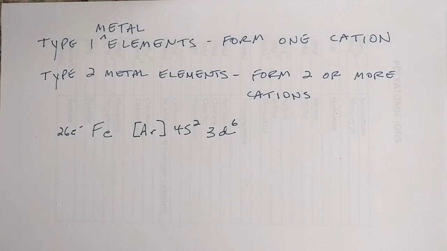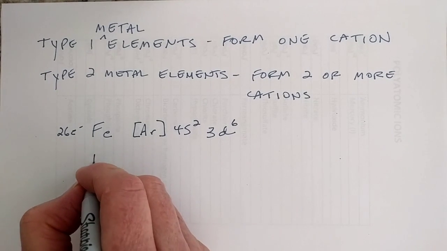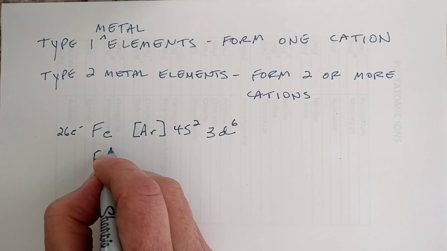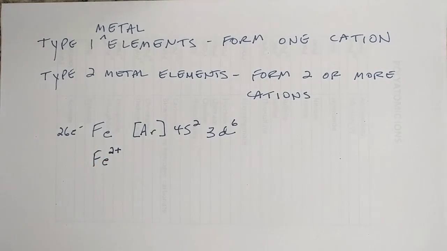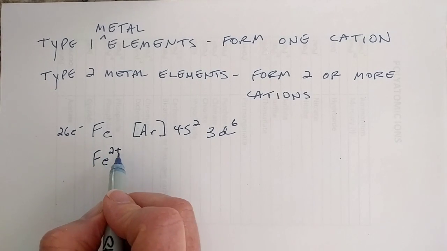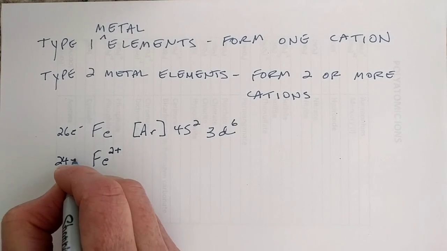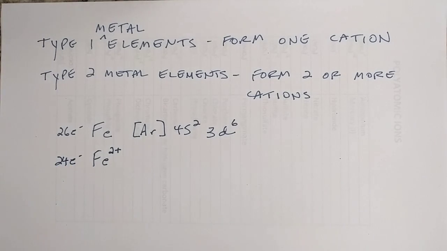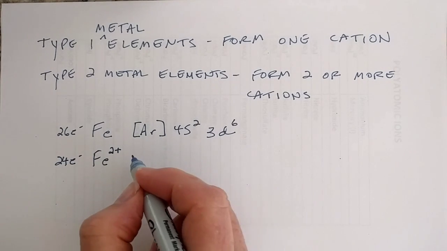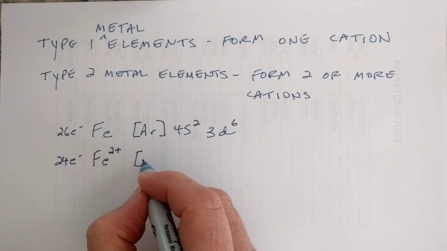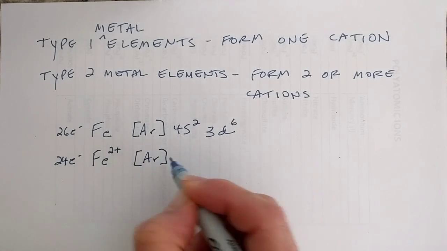Now, sometimes in compounds, iron will have a charge of 2+, meaning it has lost 2 electrons. So it will only have 24 electrons. It will still have 26 protons in the nucleus, but only 24 electrons. So our electron configuration for that is argon.